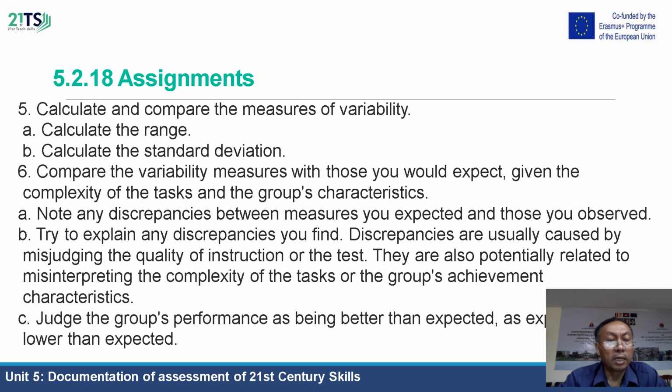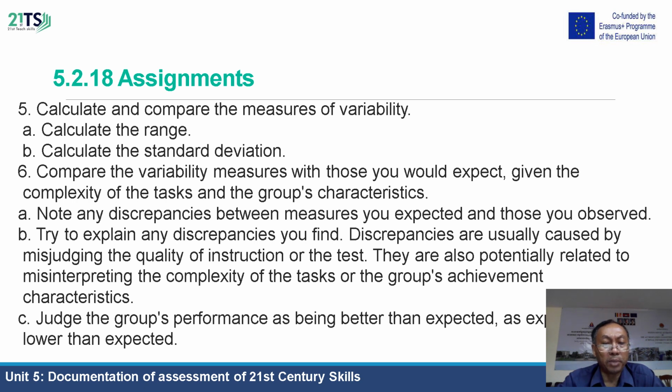5. Calculate and compare the measures of variability. A. Calculate the range. B. Calculate the standard deviation. 6. Compare the variabilities measured with those you would expect given the complexity of the task and the group characteristics.